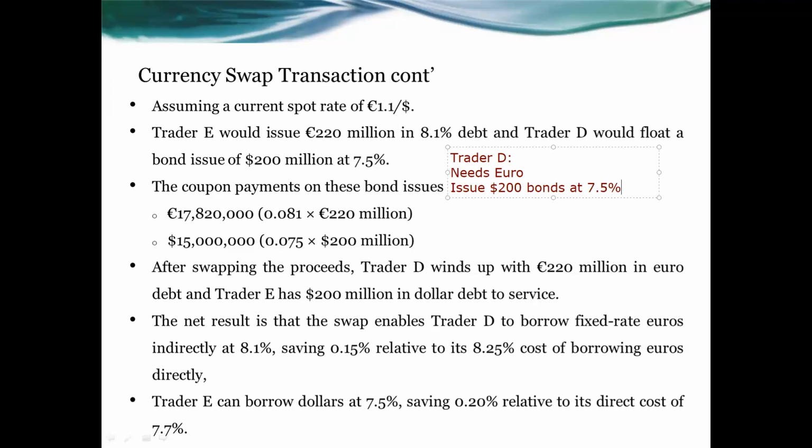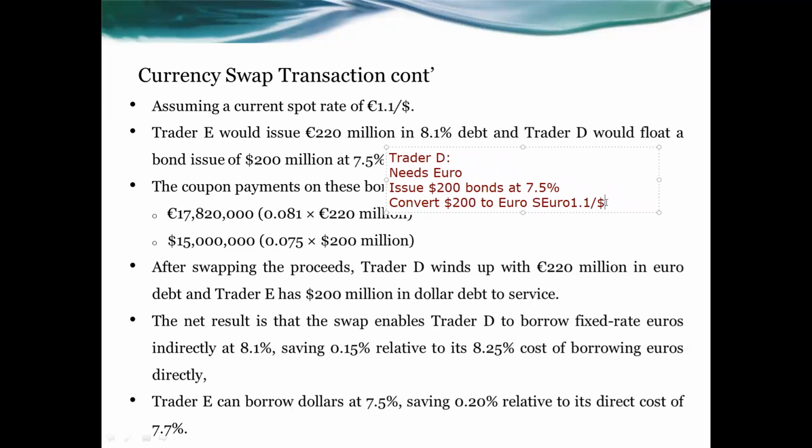But actually what is required is euro. Now what he can do is convert that dollar 200 million to euro at the spot rate of euro 1.1 per dollar. Okay. That is the spot rate. Euro 1.1 per dollar.